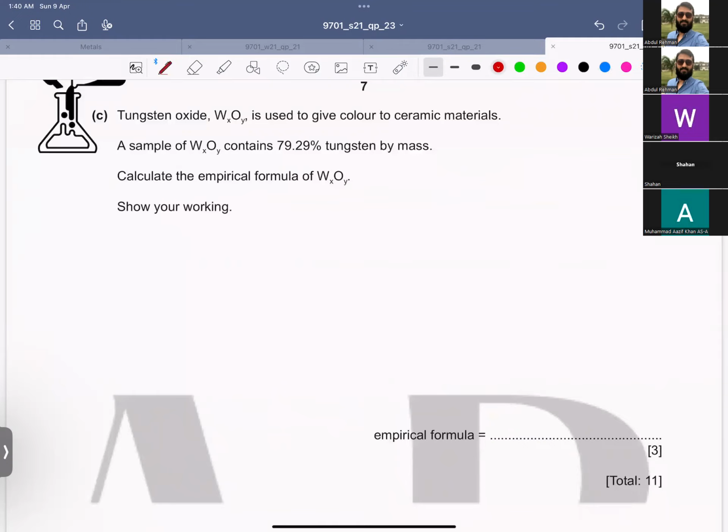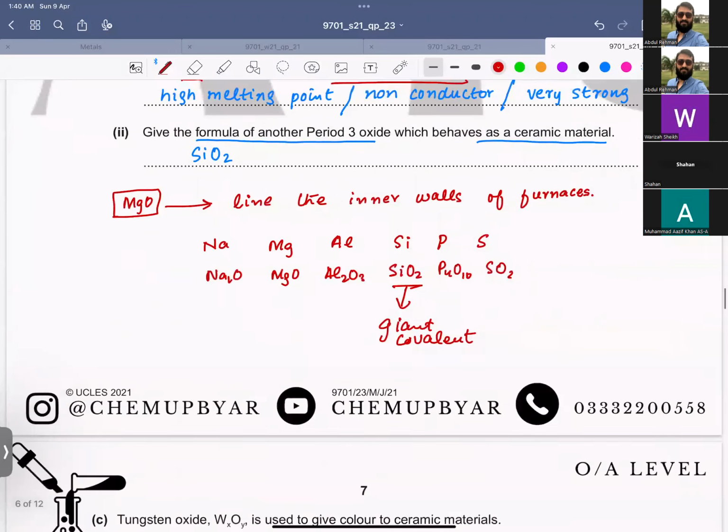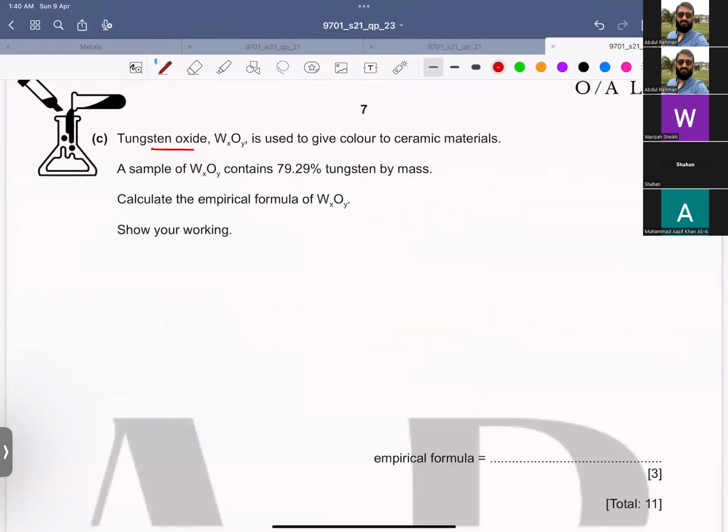Next part. Tungsten oxide, WxOy. We don't know how many tungsten atoms and how many oxygen atoms there are. It is used to give color to ceramic materials. A sample of WxOy contains 79.29% tungsten by mass. Calculate the empirical formula of WxOy.